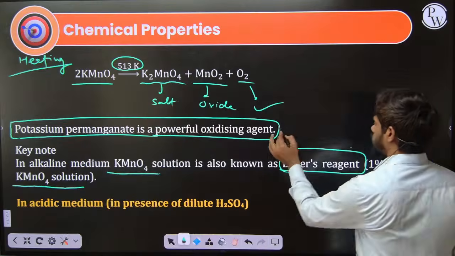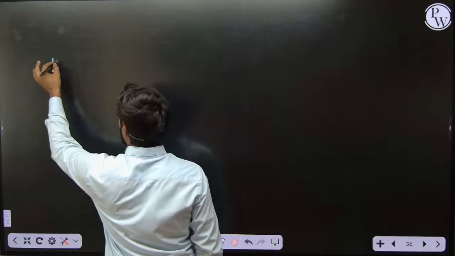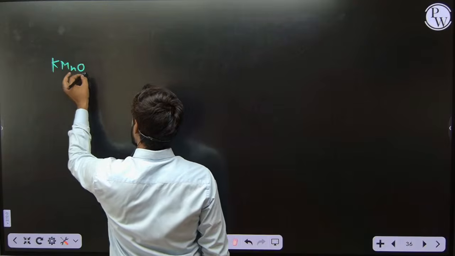Now, in the next slide we can see KMnO4. It is a strong oxidizing agent also.